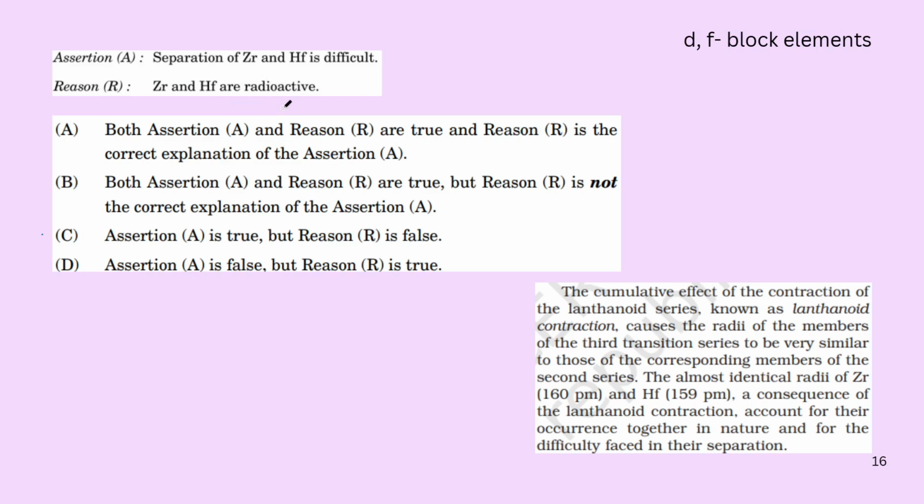This does not explain the fact that the separation is difficult. Them being radioactive has nothing to do with it. Not just that, zirconium and hafnium are actually not radioactive, and because of that, assertion A is true, but the reason is false.